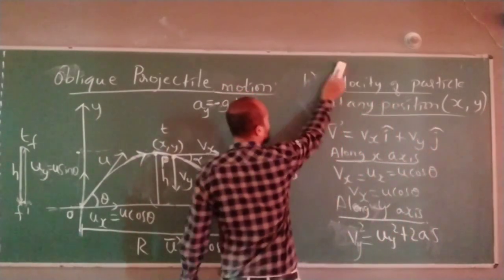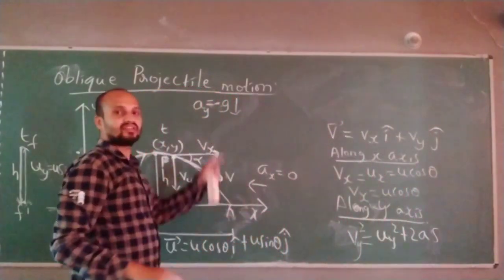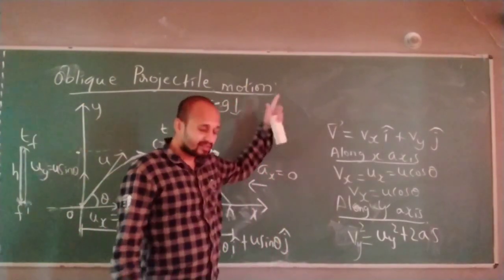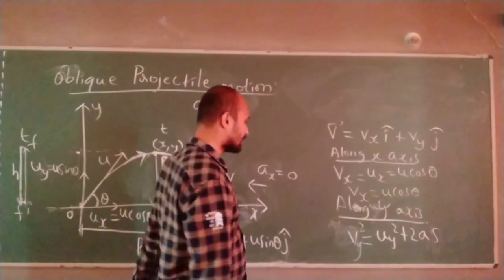Now I drop the heading. You should write notes, because in this very small space I am writing all the equations. Then you can see what I have written one by one and understand the things.